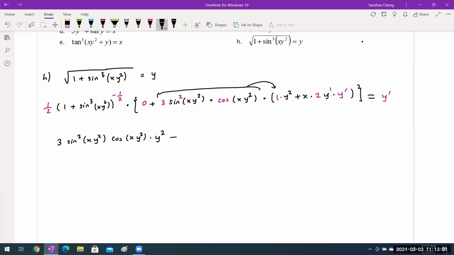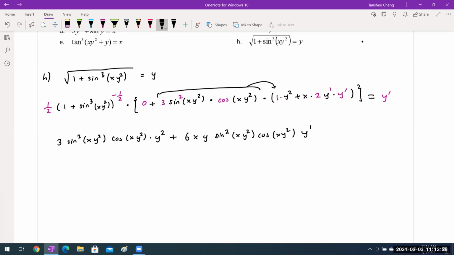And then plus 2xy y prime times this whole thing, so it will become 6xy sine squared xy squared cosine xy squared, and then y prime.